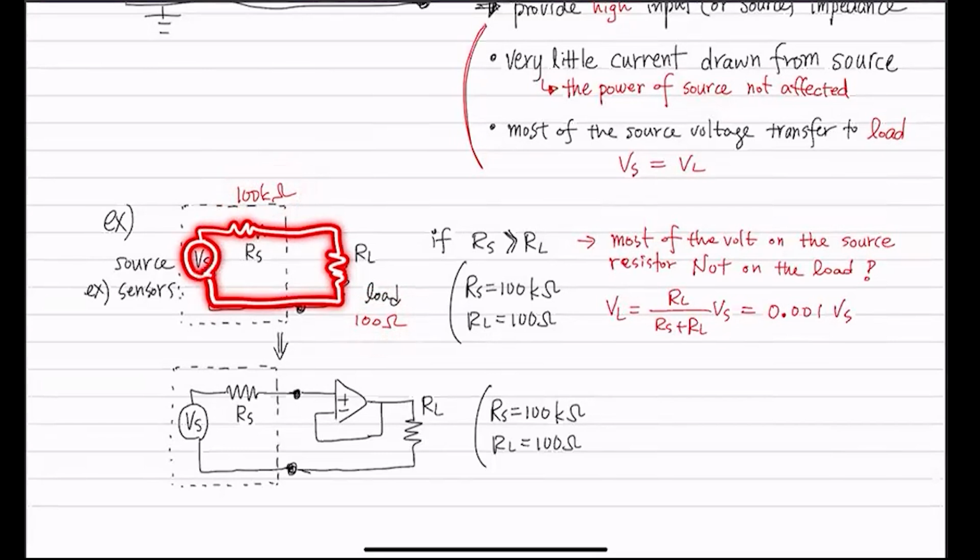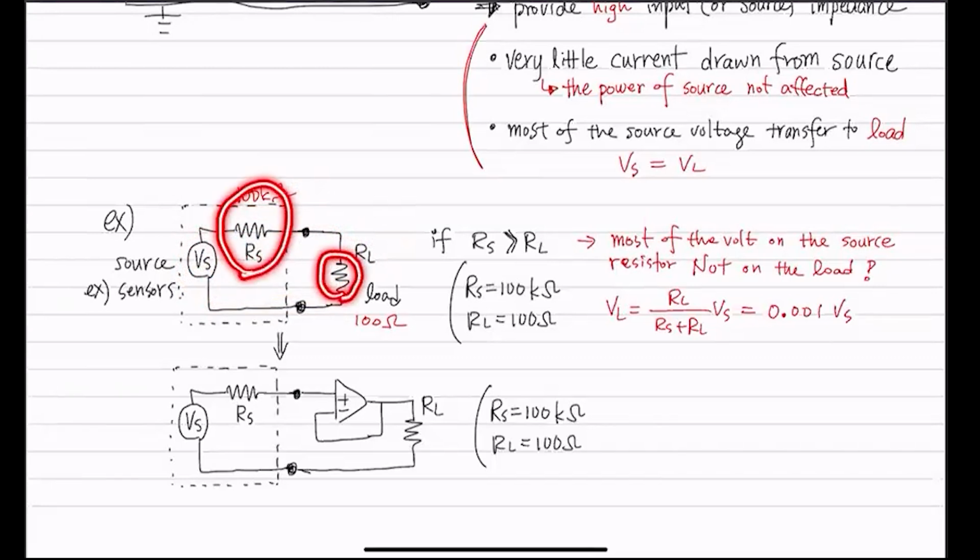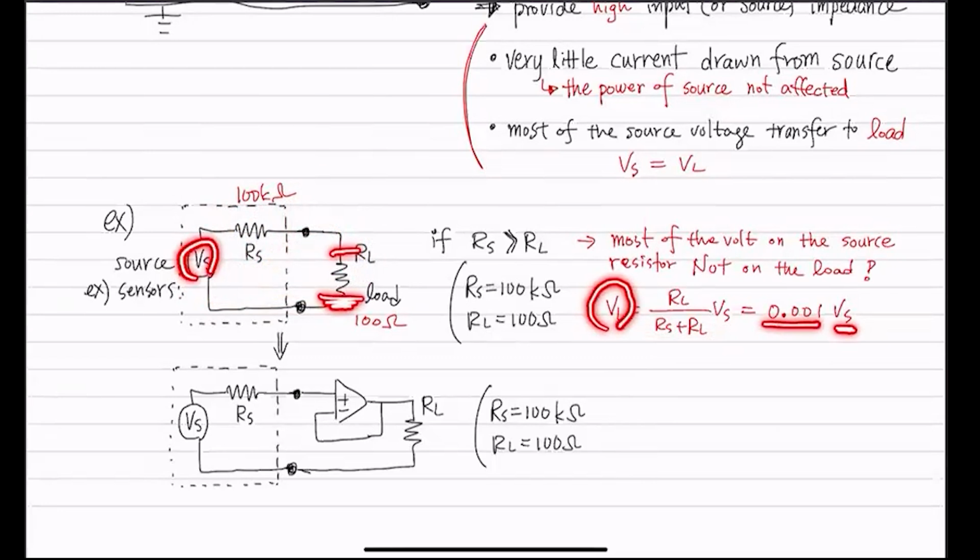If we had two resistors like this, it's nothing but a circuit like what I highlighted. Some voltage is going to be applied here, some voltage is going to be applied there, and the sum is going to be VS. And if this resistor is very large, all of the voltage is going to be applied here, and we have a tiny voltage applied there. So based on this equation, your output voltage across this point is 0.001 times your source voltage.